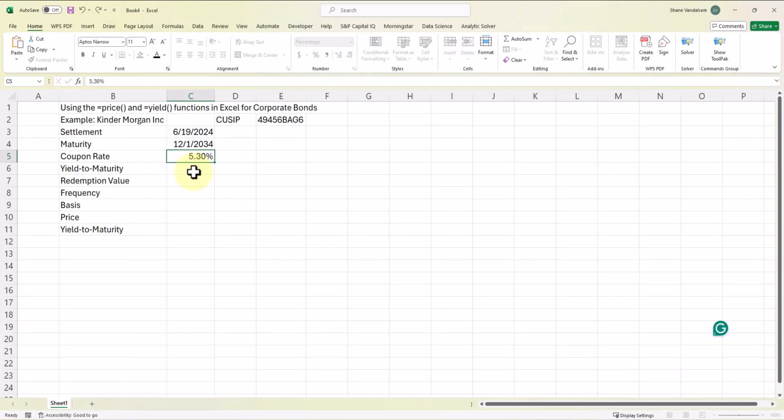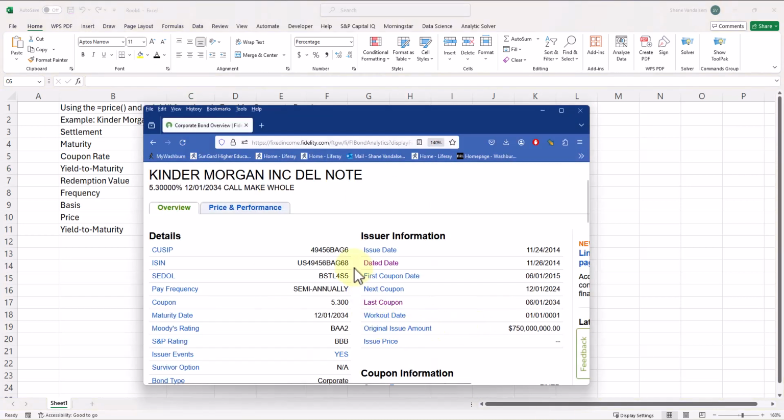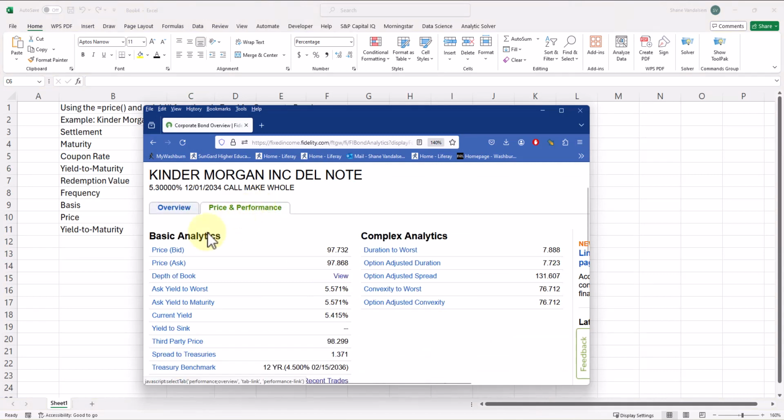The yield to maturity, so we're going to calculate both the yield to maturity and the price. We're going to start with the yield to maturity that's given here. So the yield to maturity, if I go to price and performance here, and this is important, it gives you two values here, and notice it says ask.